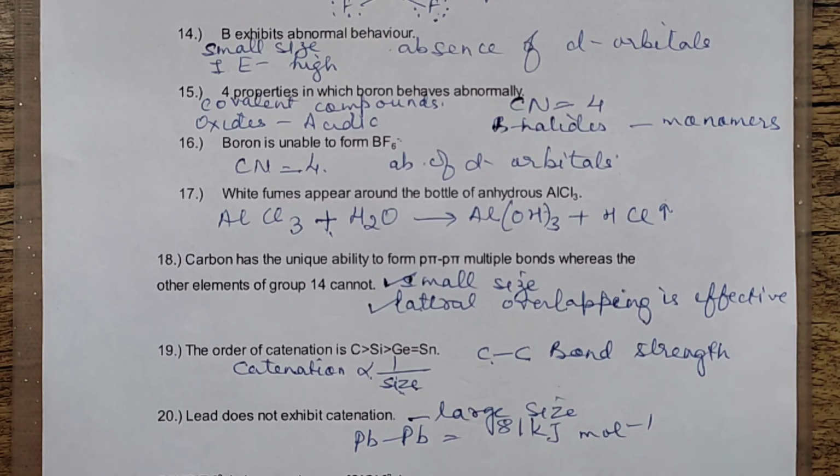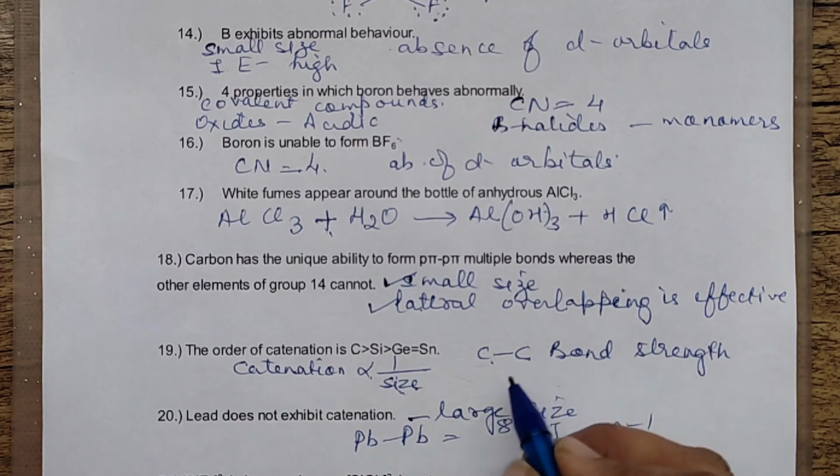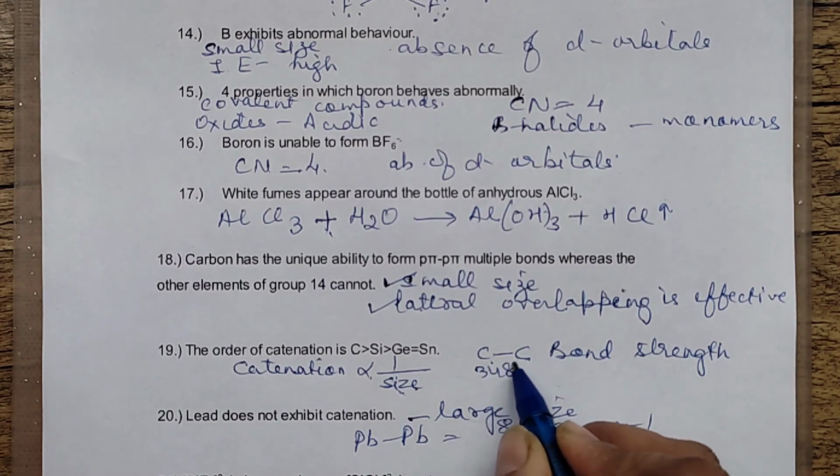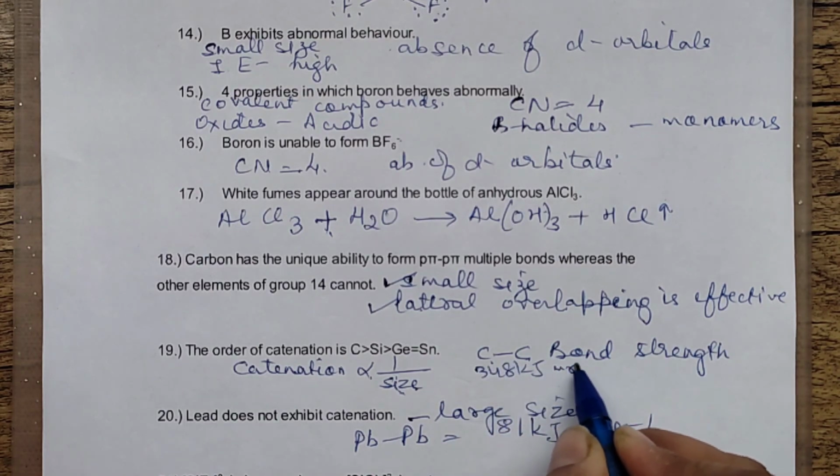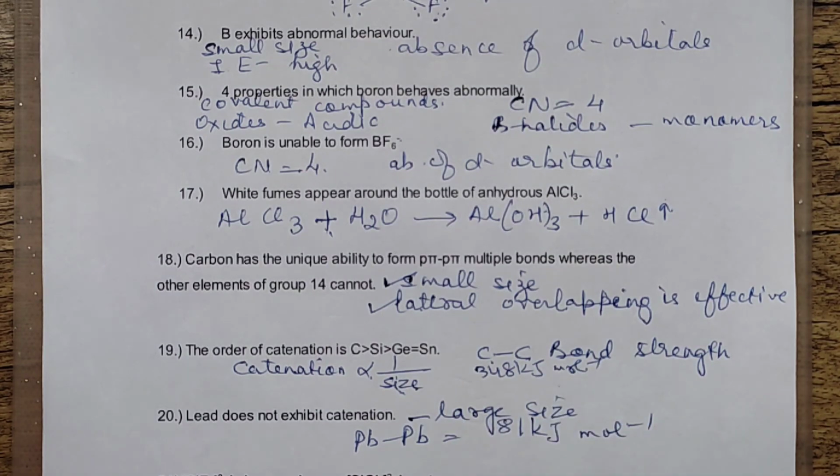In carbon, the bond strength is maximum, nearly 348 kilojoules per mole. So that is why carbon has the maximum catenation. Small size, more electronegativity, more bond strength, less bond length. These are all the reasons why carbon has maximum catenation, and lead has the least or no catenation: large size, least bond strength.